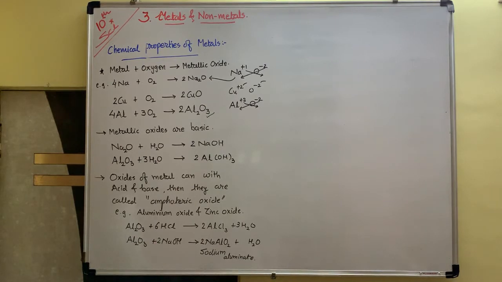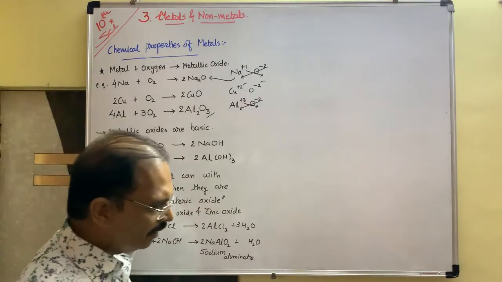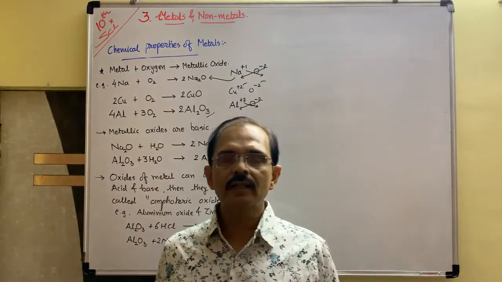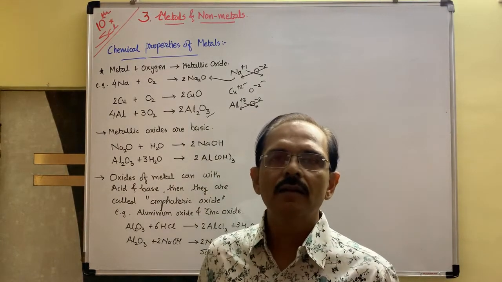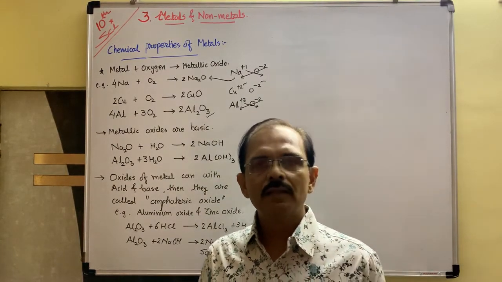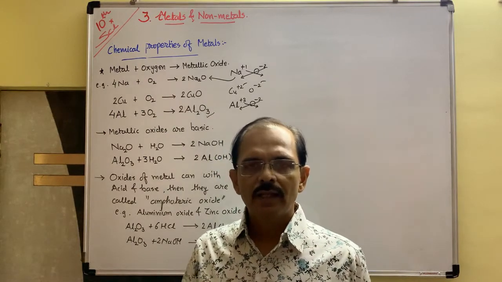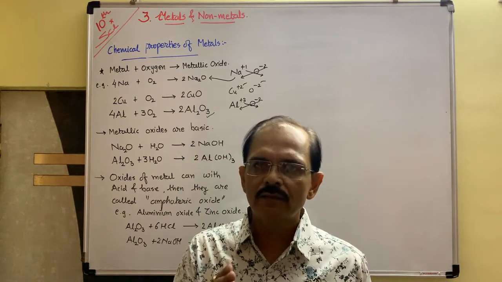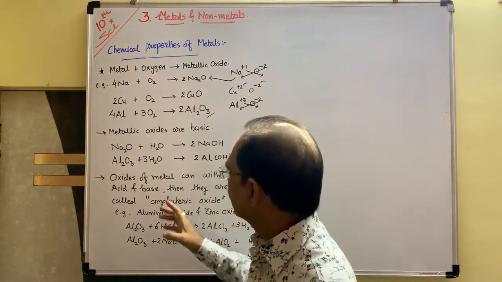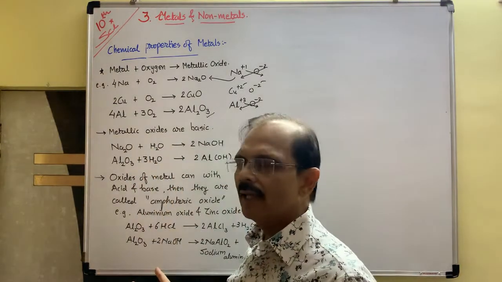Now each and every metal does not react in the same manner because their reactivity is different. Some metals are highly reactive, some metals are less reactive, and some metals are moderately reactive, and that's why the reactivities are different. On the basis of their reactivity, these are the general examples.